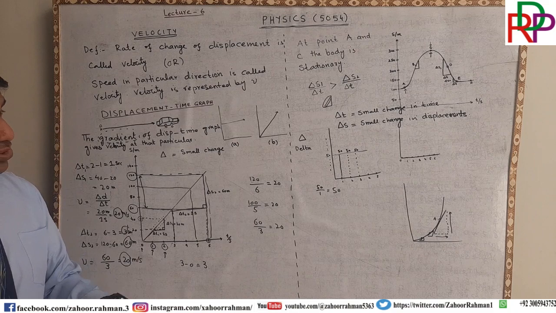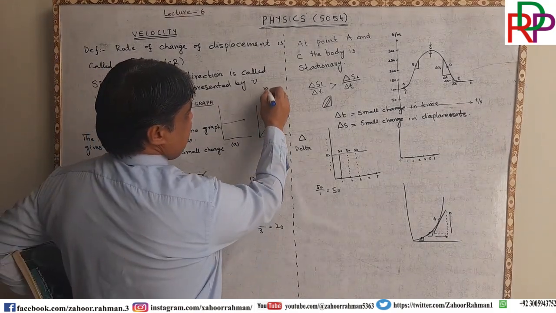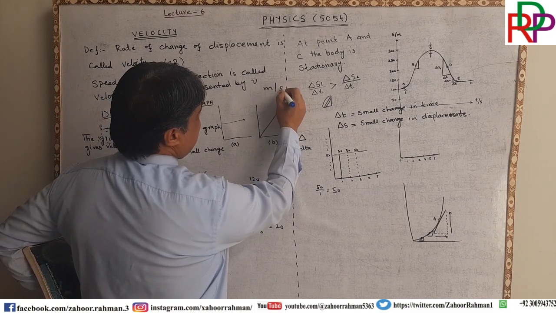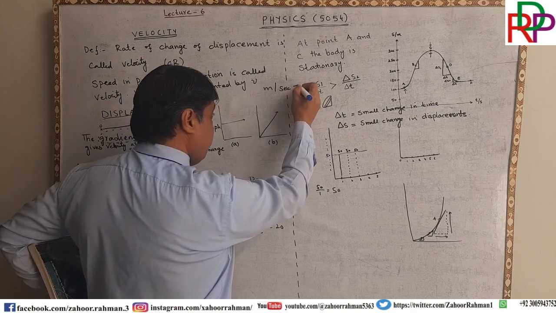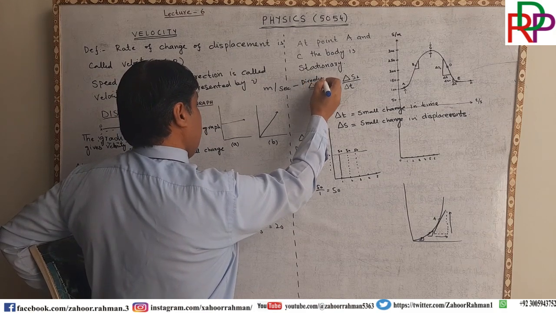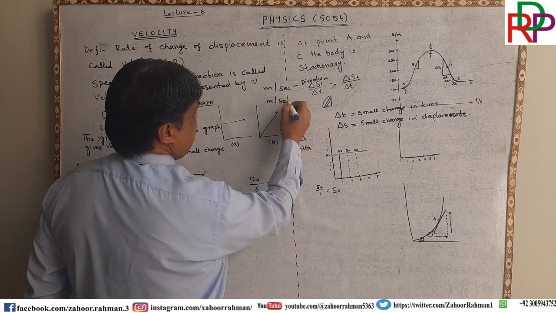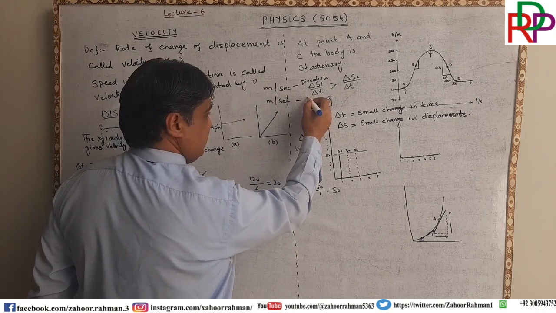Okay, so remember that velocity is represented by meter per second with direction. You have to mention the direction. Speed is defined as meter per second with no direction.